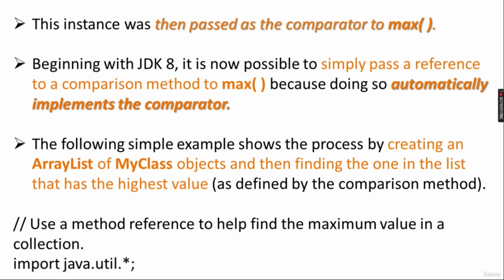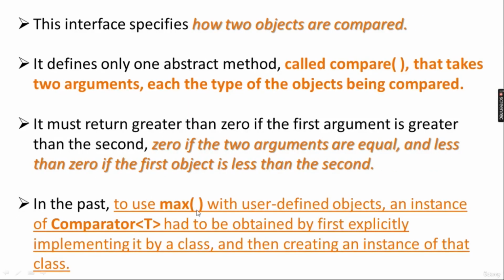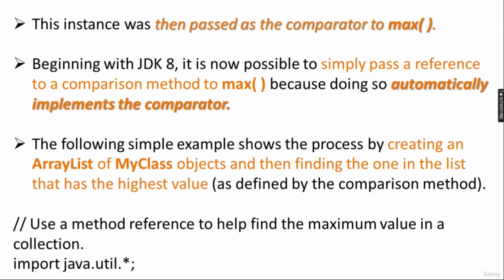You no longer need to create a particular class that implements the Comparator interface and then create an instance of that class. Nowadays we pass a reference to a comparison method to max, because doing so automatically implements the Comparator interface.